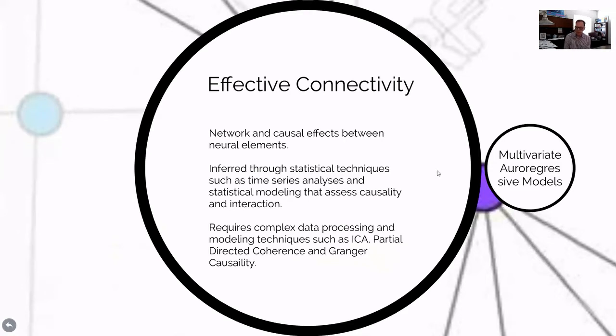Now we are in multivariate autoregressive models and techniques that actually measure cause and the interaction of causes between different locations. This requires complex data processing and modeling techniques such as independent components analysis, which is what ICA stands for, partial directed coherence, and something called Granger Causality, which enables us to measure causal relations between locations, either at the surface or the source of the EEG activity, how one region causes another, and how they mutually and reciprocally cause each other.